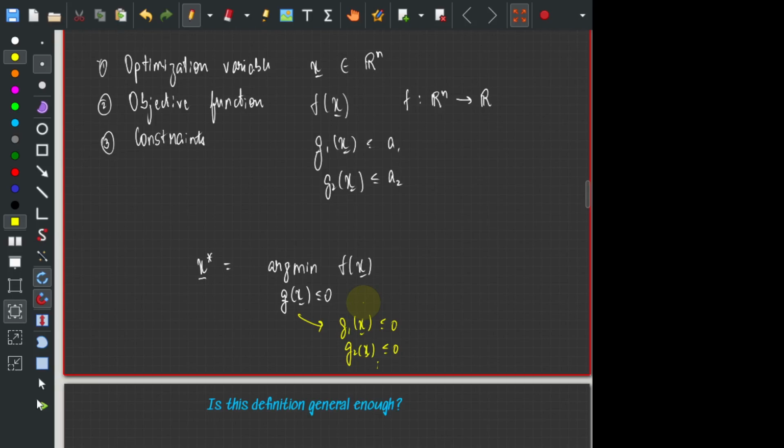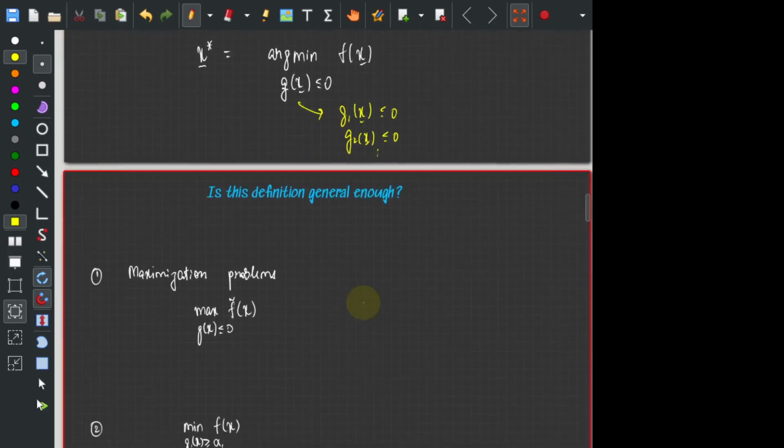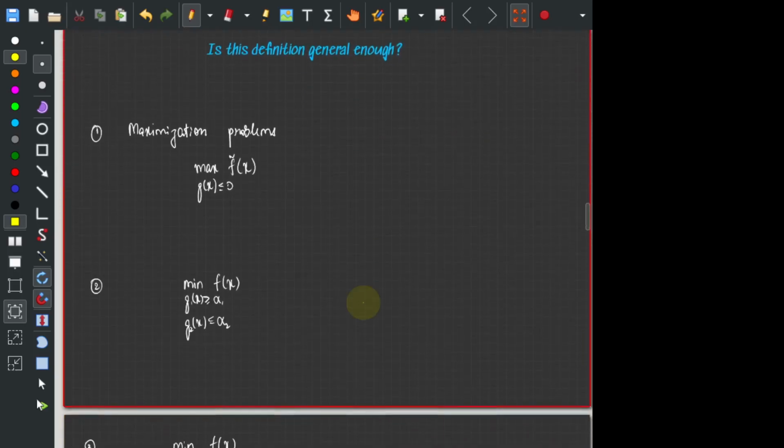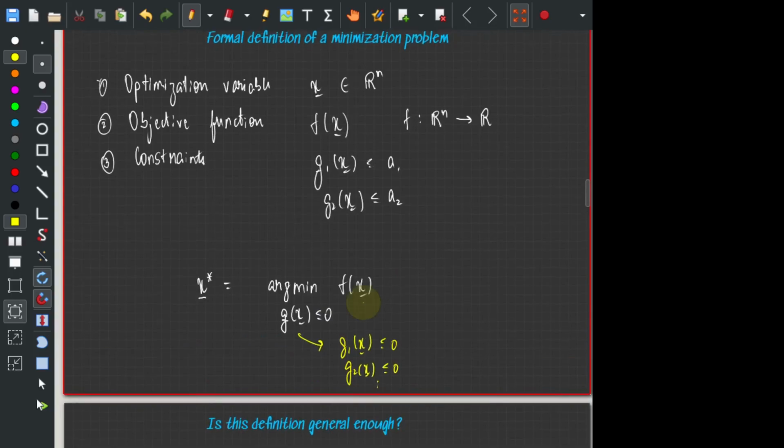All right. So again, the question is whether this definition is general enough. I've defined a minimization problem over here, and I'm claiming that if you can solve this particular problem, then you can solve many other problems as well. So let's try to see what kind of problems can be solved and what kind of problems cannot be solved.